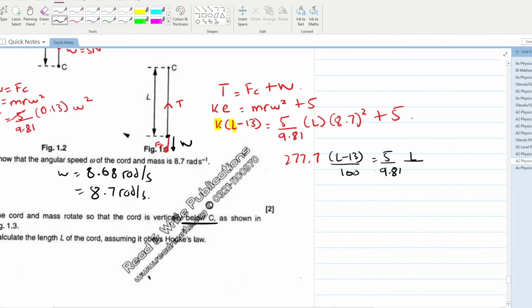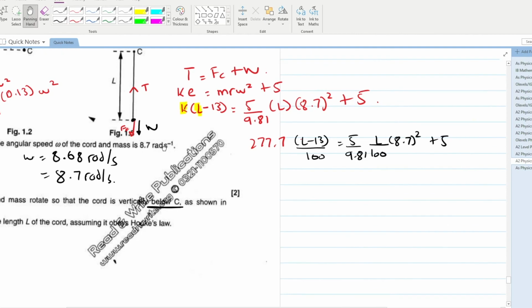L डिवाइडेड बाय 100 एज वेल इंटू 8.7 का स्क्वायर प्लस 5. ठीक है, नाउ लेट्स कैलकुलेट द वैल्यूज. 277.7 डिवाइडेड बाय 100, ठीक है, एंड दिस कम्स आउट टू बी 2.777.